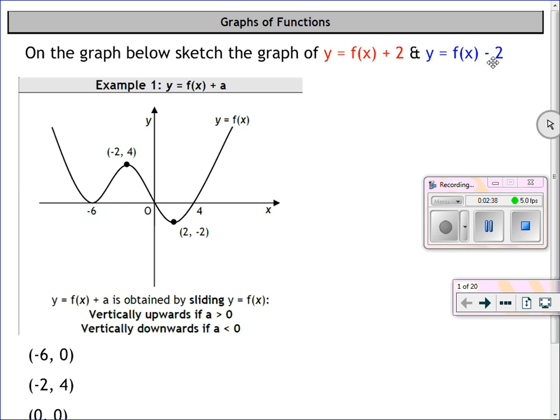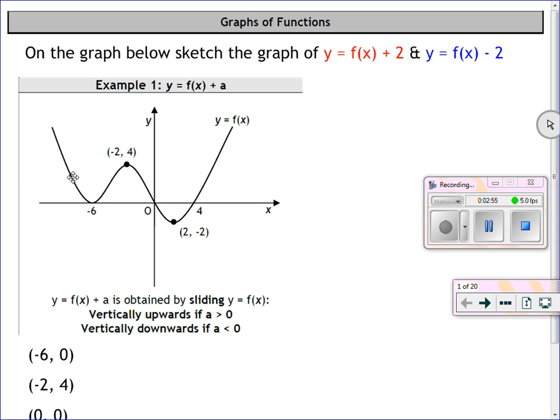If the value at the end is less than 0, then we move the graph down that many spaces. So what we have here is a function that goes through minus 6, 0, minus 2, 4, 0, 0, 2, minus 2, and 4, 0.